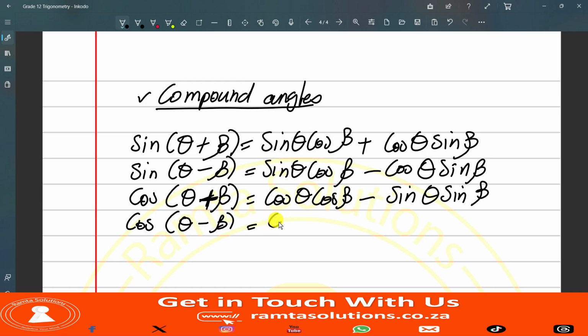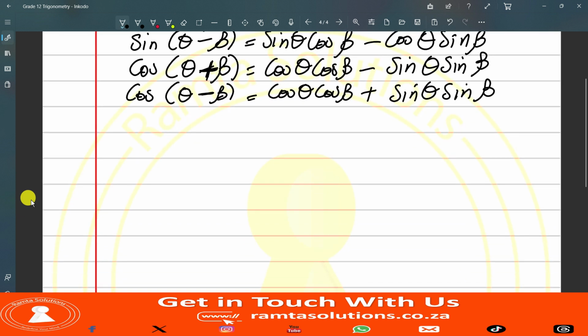So this then becomes again cos theta cos beta. Because it has a minus, it'll become a plus sine theta sine beta. So these formulas are given in your data sheet. If you do not know them off by heart, they are given in your data sheet.